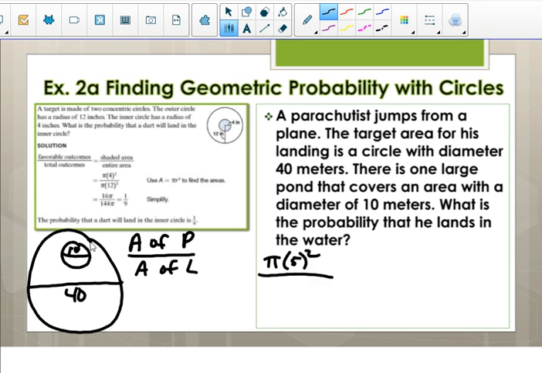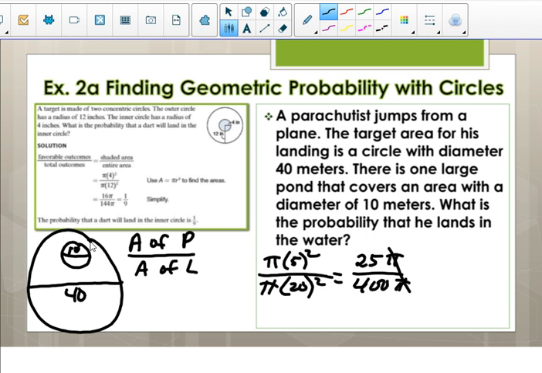Divided by the area of the landing circle, pi times the radius squared. Half of 40 is 20. So if I simplify this, this is 25 pi. This is 400 pi. And then to simplify this, we can determine that the pi's can cancel out.